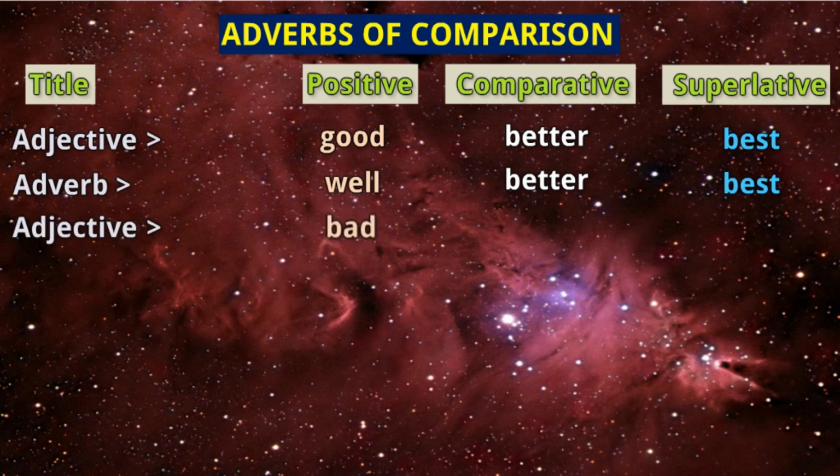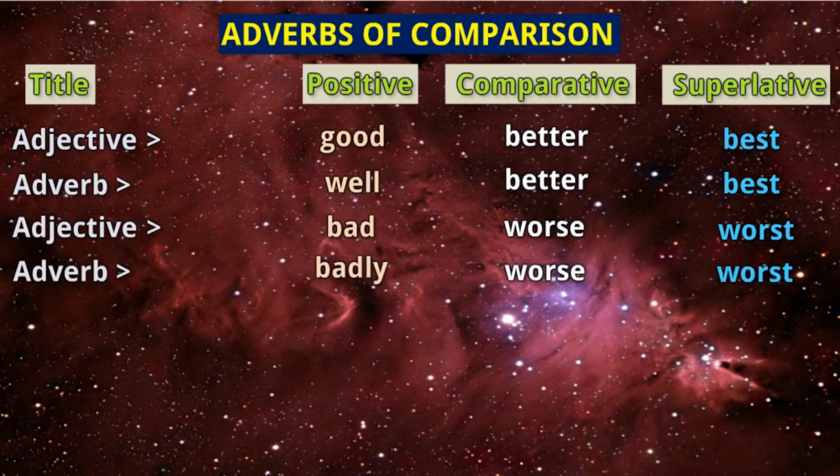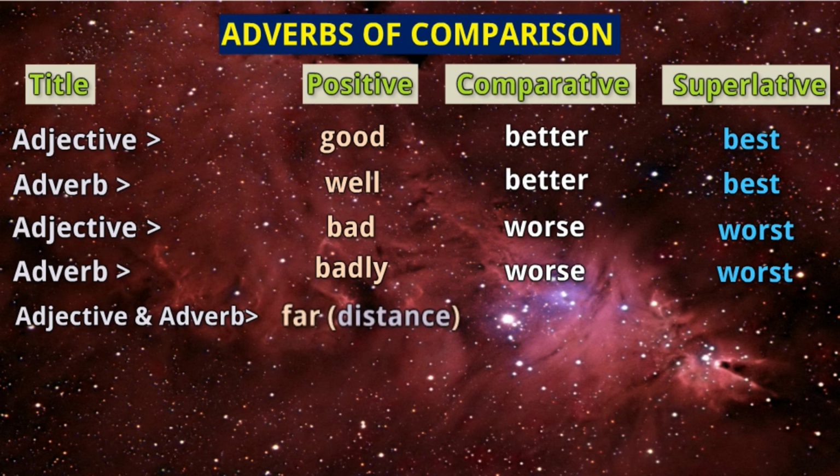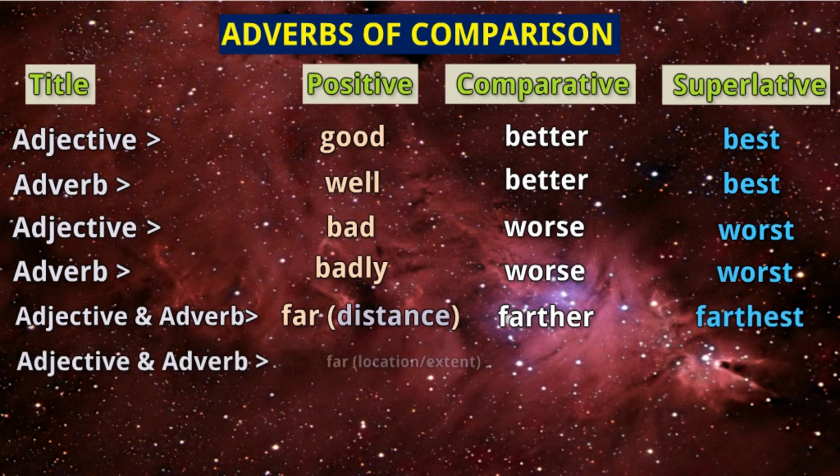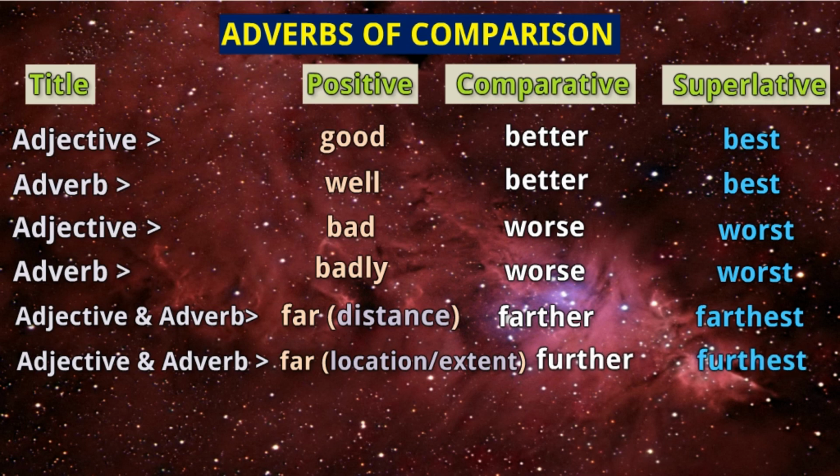Adjective: bad, worse, worst. Adverb: badly, worse, worst. Adjective and adverb: far, for distance, farther, farthest. Adjective and adverb: far, for location or extent, further, furthest.